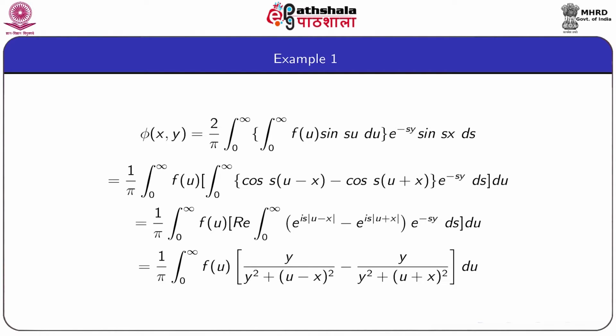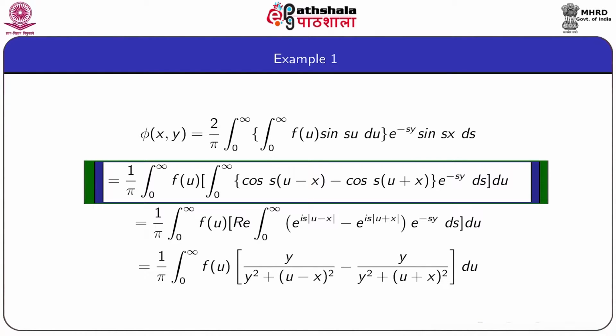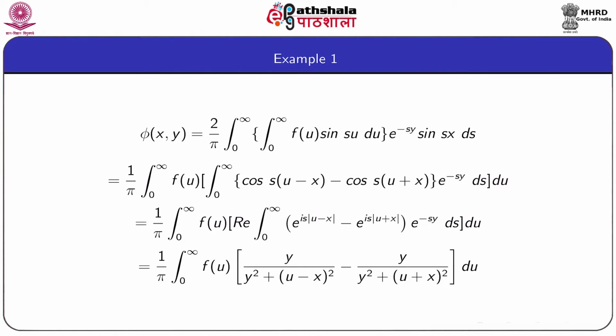We obtain after simplification 1 by pi integral 0 to infinity fu integral 0 to infinity cos s u minus x minus cos s u plus x e to the power minus sy ds du.